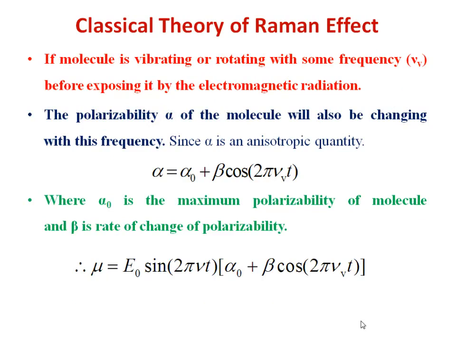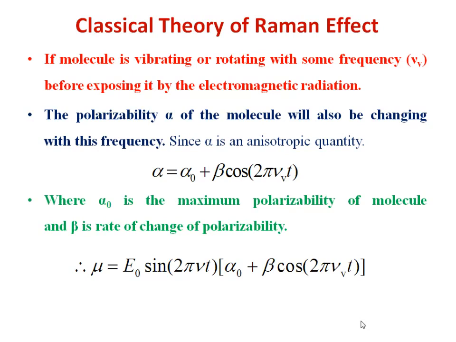If a molecule is vibrating or rotating with some frequency before exposing it to the electromagnetic radiation, the polarizability alpha of the molecule will also be changing with this frequency.